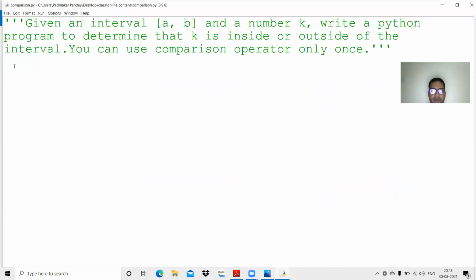So first of all, print enter A, B, and K. These three numbers. Then A is equal to float.